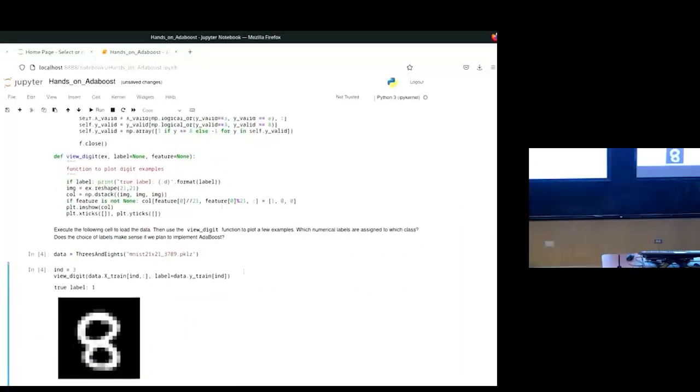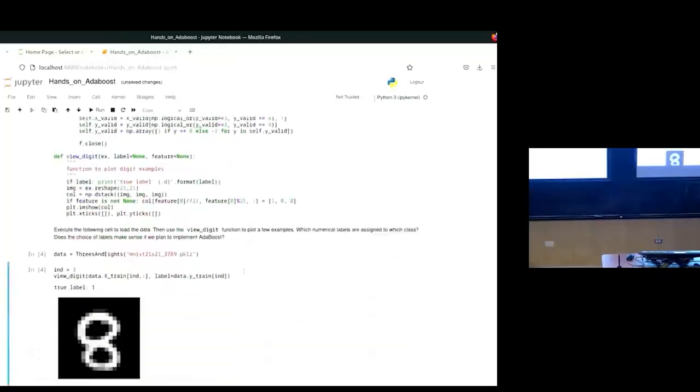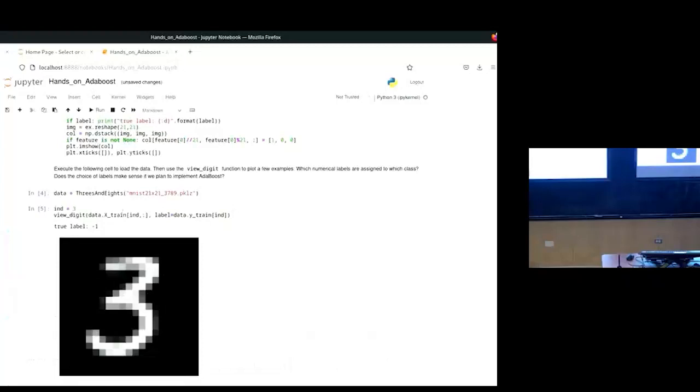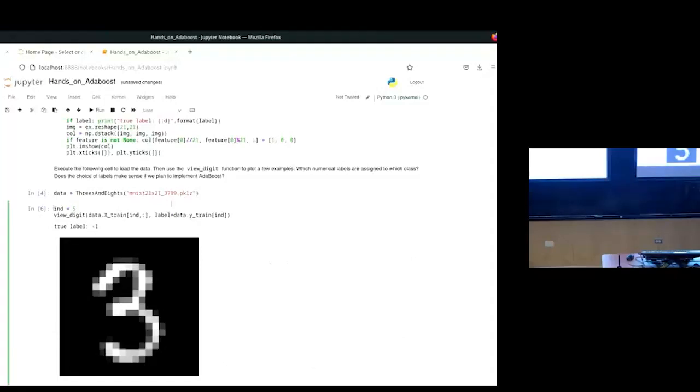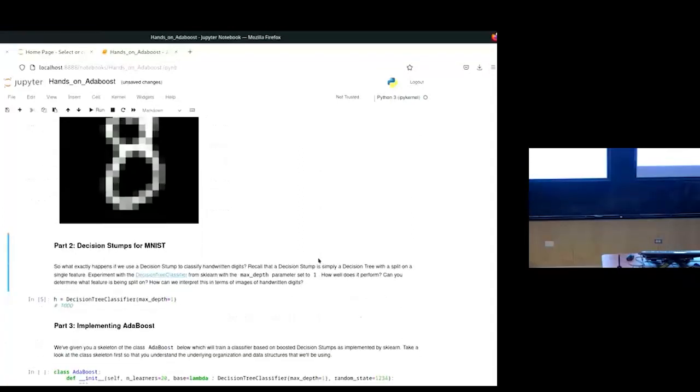All right, so in this data set, we're going to have a train and a validation part already shuffled. So in this case, we can just plot something. Let's pick another number. You're going to have different results from me depending on the index and the shuffle that you get.